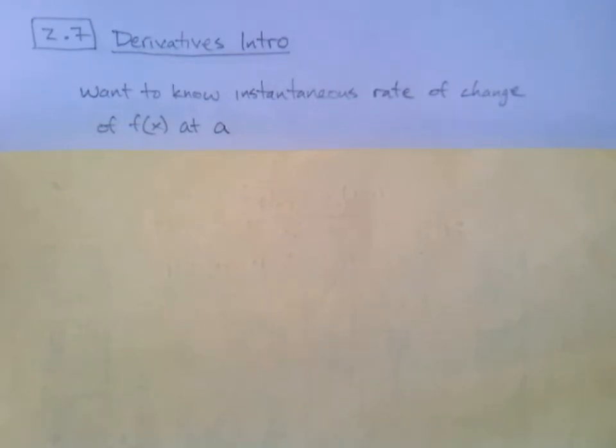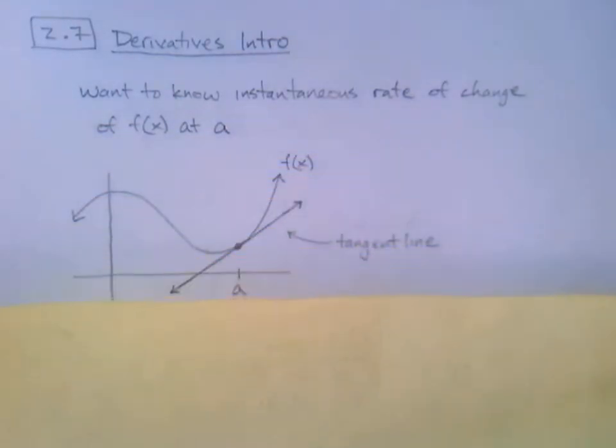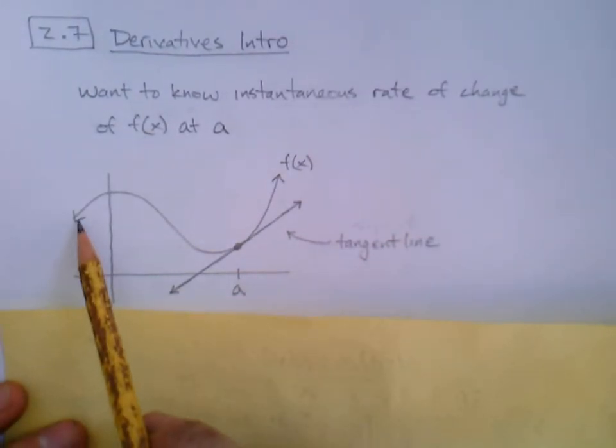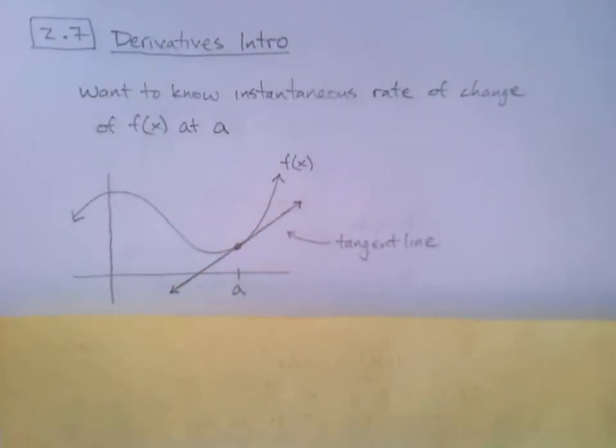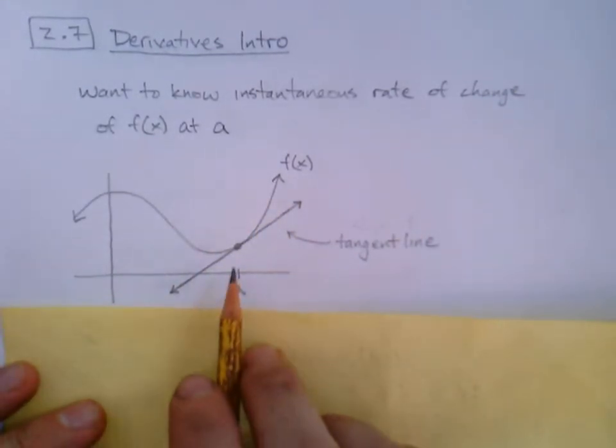We want to know the instantaneous rate of change of f of x at a. So if you watch the What is Calculus video, you saw a graph sort of like this. So imagine some function f of x, could be anything, and a location a.